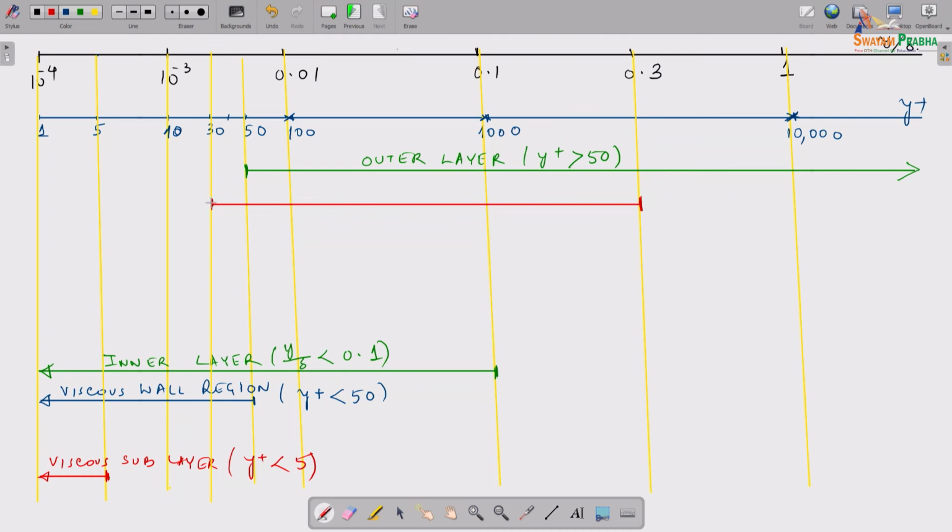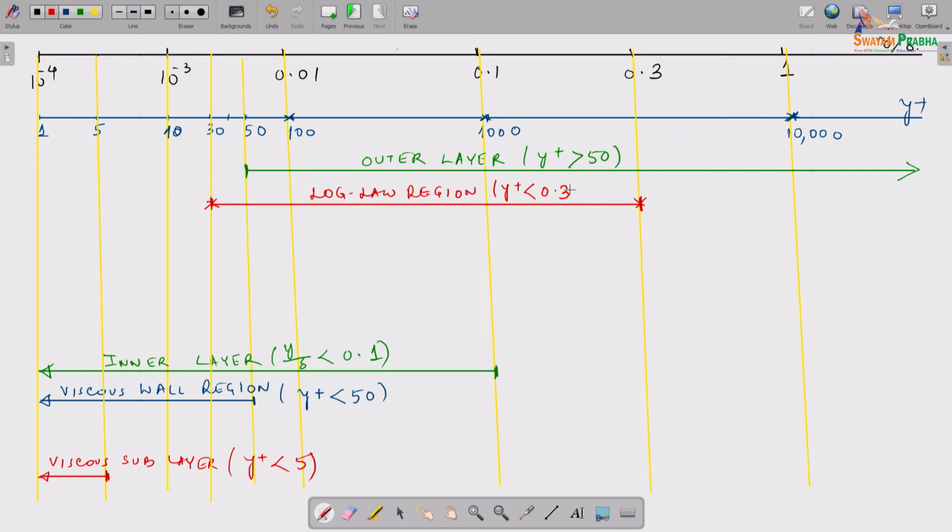Where y by delta is less than 0.3, you could make that 0.1. I wrote 0.3, but we could basically say the log region is not up to 0.3, it should be up to 0.1.